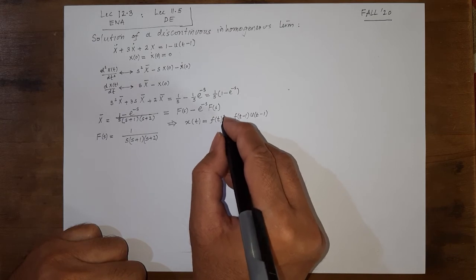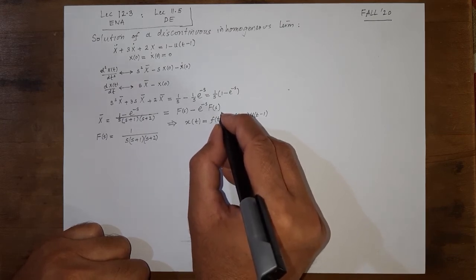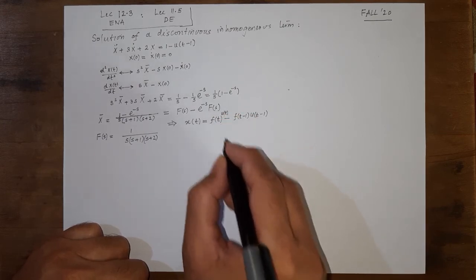It's understood that we have u(t) here. We can explicitly write it, or we can ignore that.